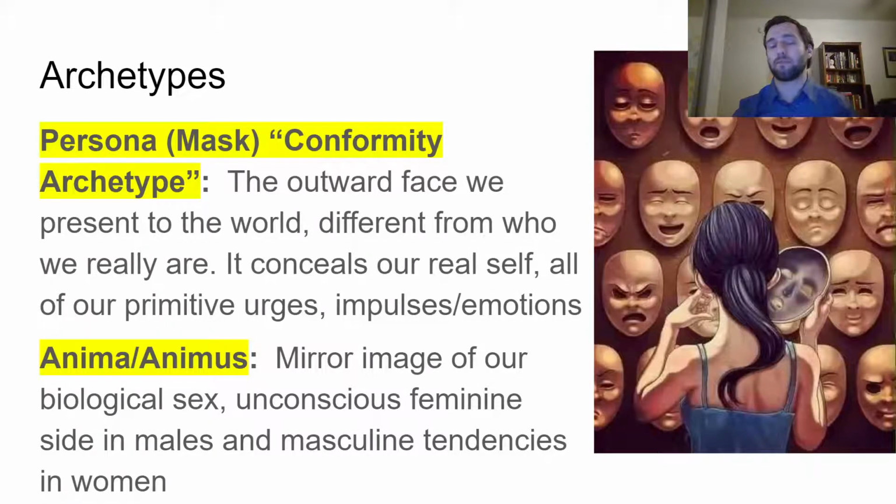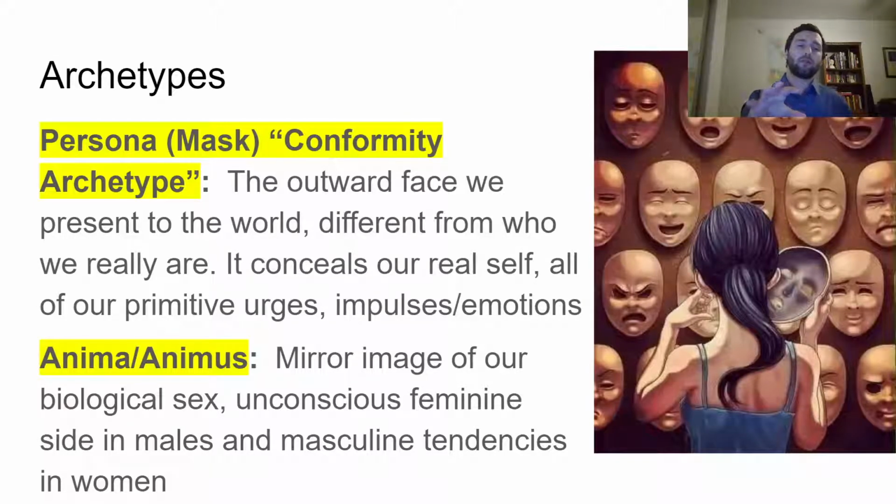So that's one archetype. Another archetype we have is the anima or animus. The anima or animus represents the mirror image of us based on biological sex. It's the animus if you're female, and the anima if you are male. So again, it's you, but it's the opposite biological sex.